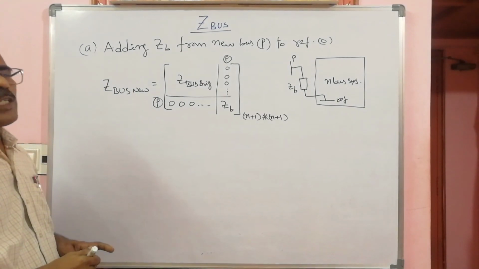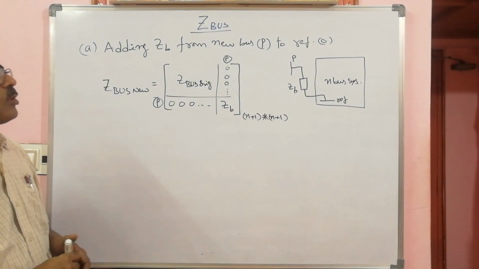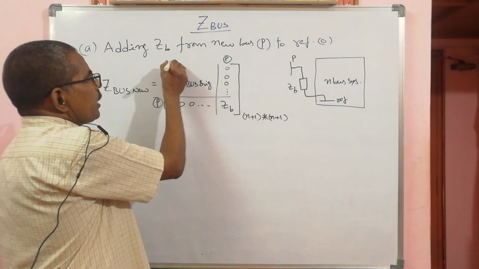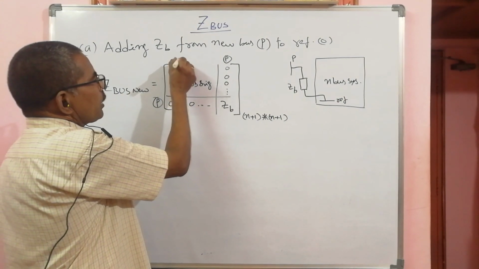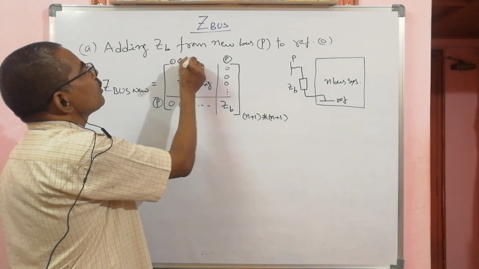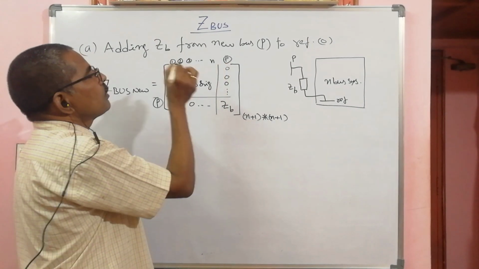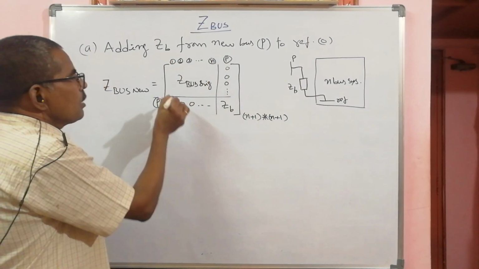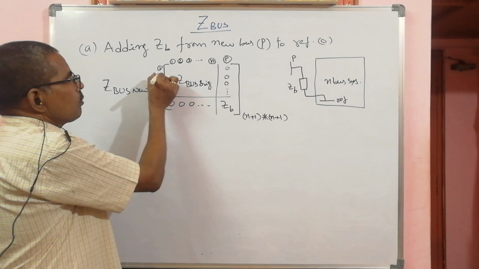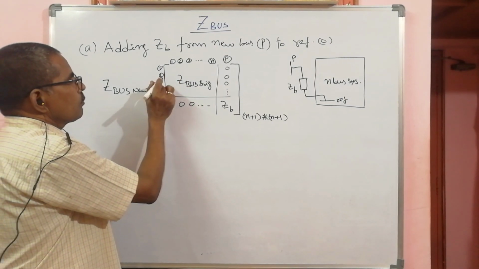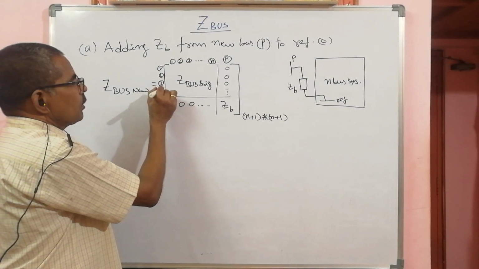The procedure is very, very simple. Okay. So it is n by n. So you will be getting 1, 2, 3 and so on and so forth, N. Is it not? N bus system. Here also 1, 2, 3, etc. N.